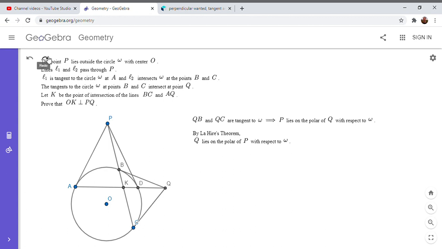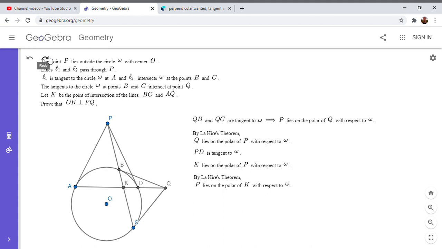So I'm going to write this out. But like I mentioned, PD has to be tangent to omega. And K lies on the polar of P because it lies on AD. And so P has to lie on the polar of K by La Hire's theorem. Okay.